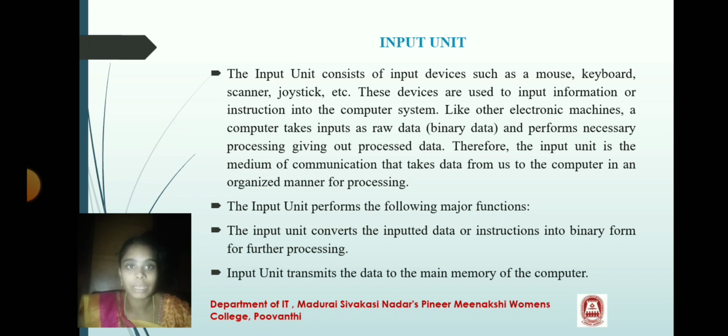Therefore, the input unit is the medium of communication that takes data from us to the computer in an organized manner for processing. The raw data inputted into the system is converted by the input unit into a machine readable format, which may be binary, and that data is further processed by the CPU.